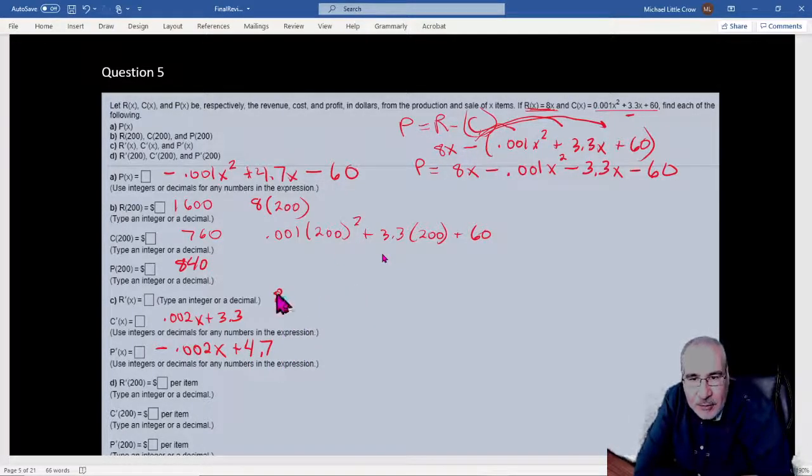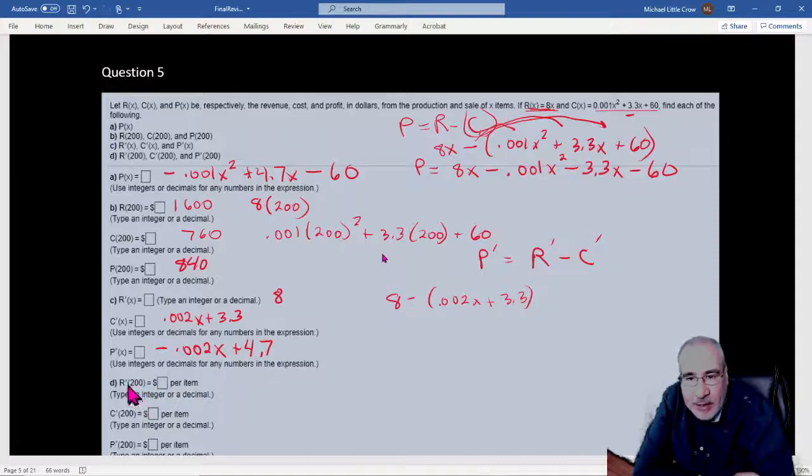Now notice this would have been revenue minus this, so you could have also just built off of this, taking 8 minus (0.002x plus 3.3). So what we see is that it is true that the derivative of the profit function is equal to the derivative of the revenue function minus the derivative of the cost function. That is true as well, as well as the originals.